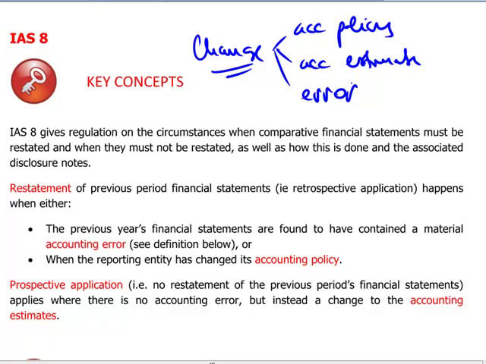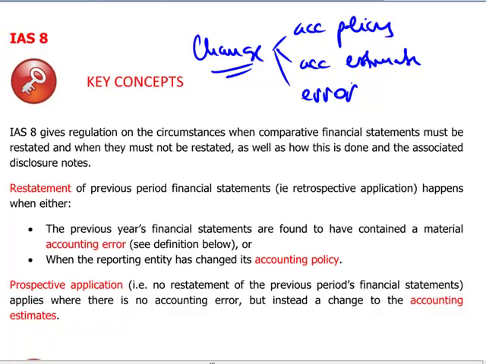Or IAS 23 borrowing cost was reviewed and actually requires the capitalization of the borrowing cost into the value of the asset which is either bought or constructed over the period of construction. So if this is the case, there is no choice for the company but to apply the new accounting policy.